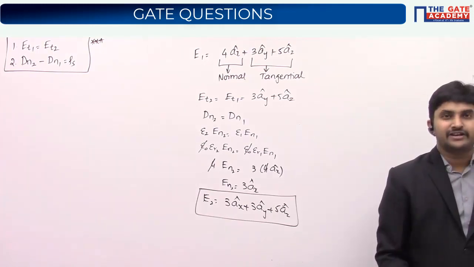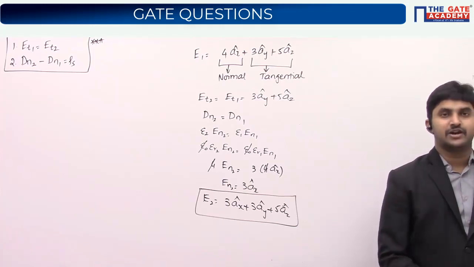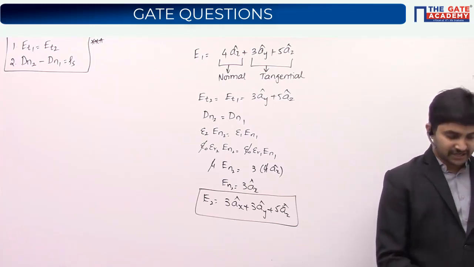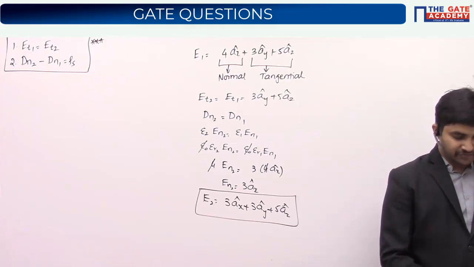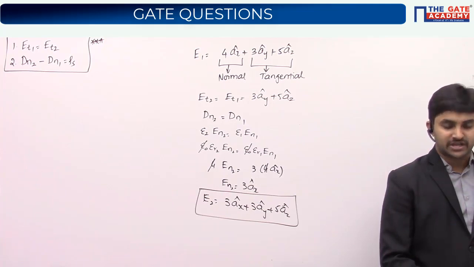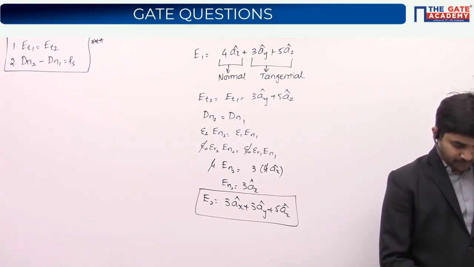Two semi-infinite dielectric regions. Please write down. Two semi-infinite dielectric regions are separated by a plane boundary at y is equal to 0.